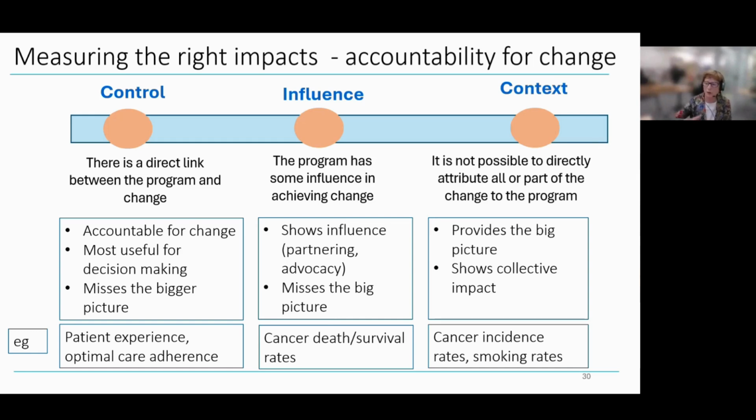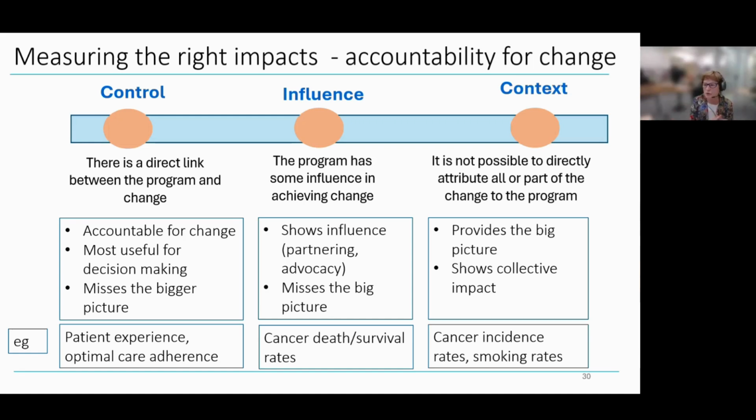Whereas measures of contextual changes provide that bigger picture and show collective impact. So again, thinking about how you're going to demonstrate impact, think about different changes that you are seeking in an outcomes approach within the control domain, the influence domain, and the contextual domain.